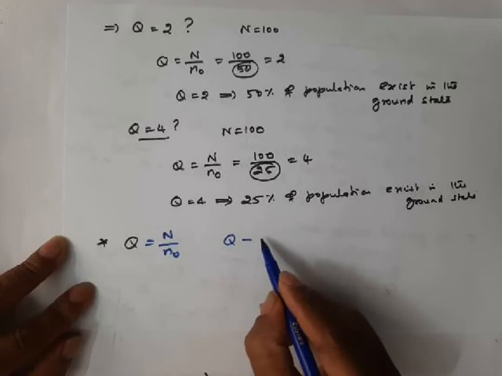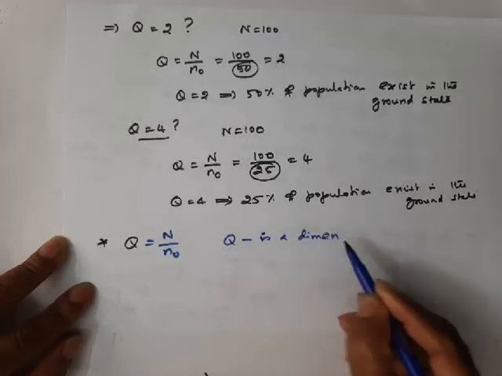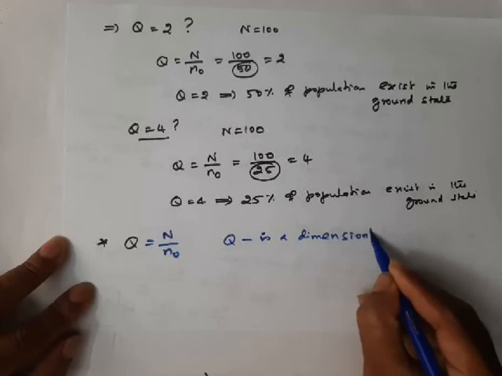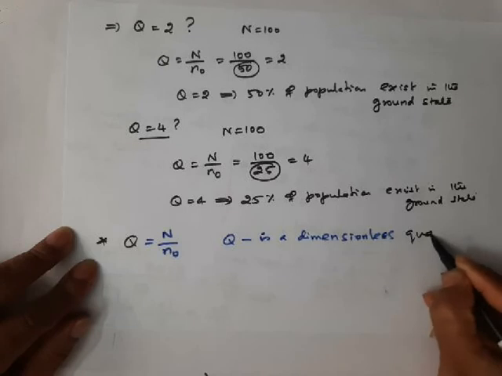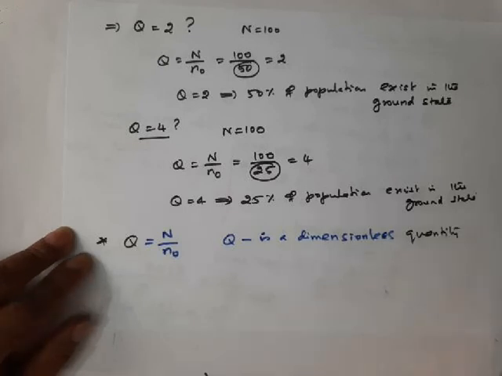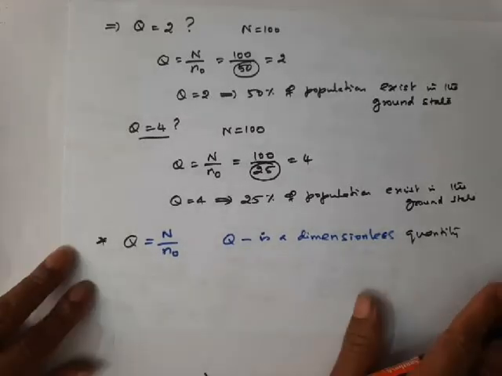The point is this: Q is a dimensionless quantity. There is no unit for Q. This is the second important point you should keep in mind.